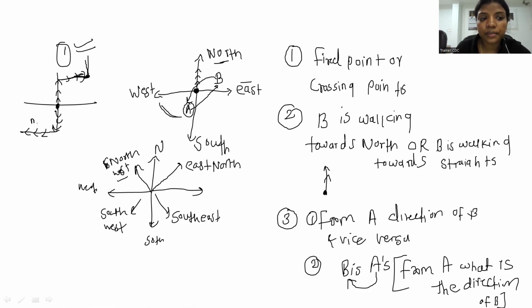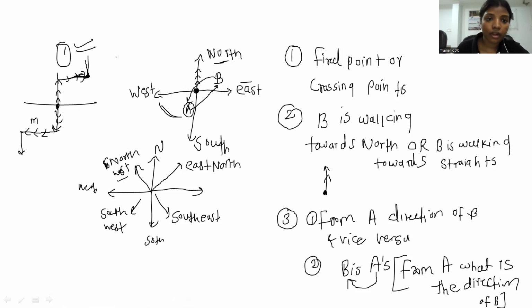After walking some meters, again he took left. Now where is my left? My left will be the other direction, right? So whenever you're going north and whenever you're going south, your left and right directions will automatically change, correct? So keep this point in mind when you solve questions.